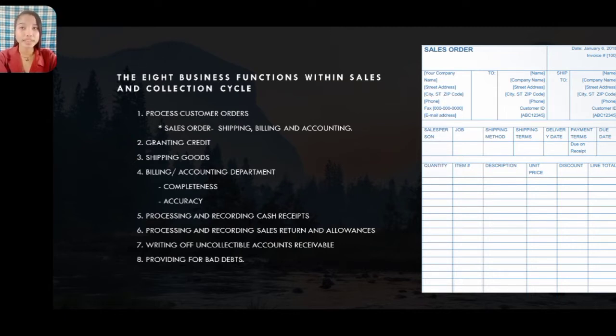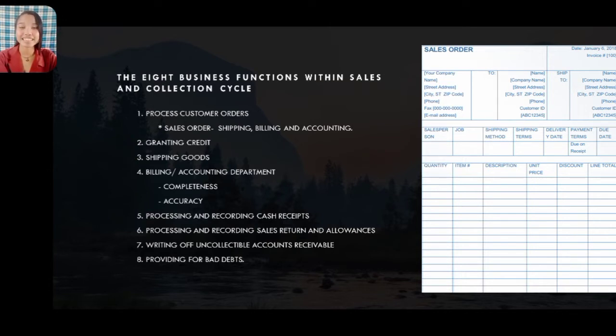To ensure completeness, all shipments made must be billed, while to maintain accuracy, each customer must be billed the proper amount. The fifth step is processing and recording cash receipts. This is done when we are collecting the billed amount from the customers.